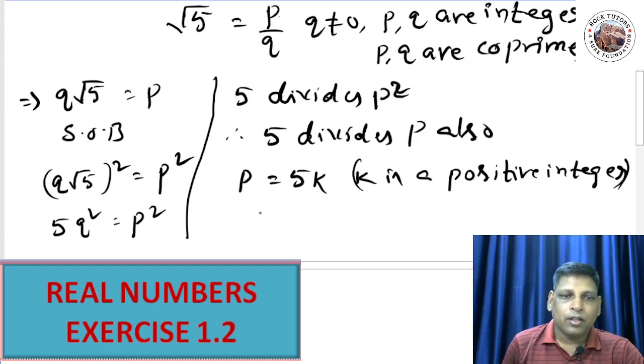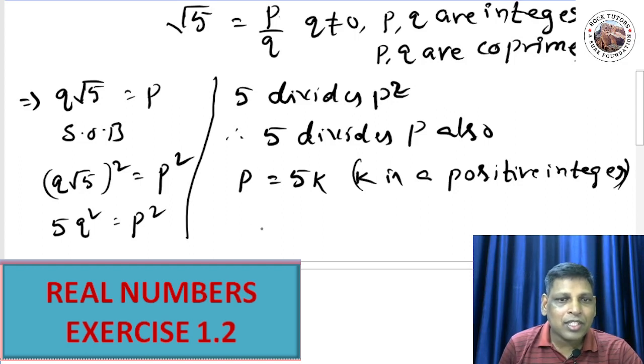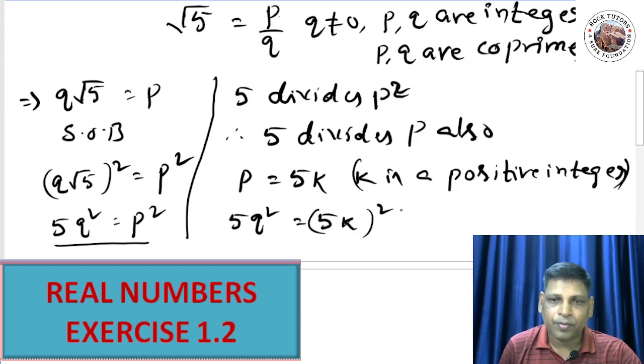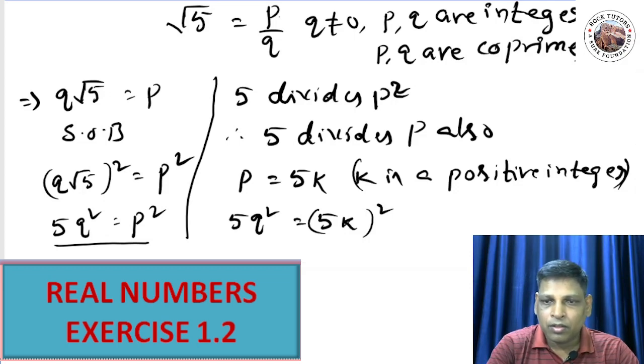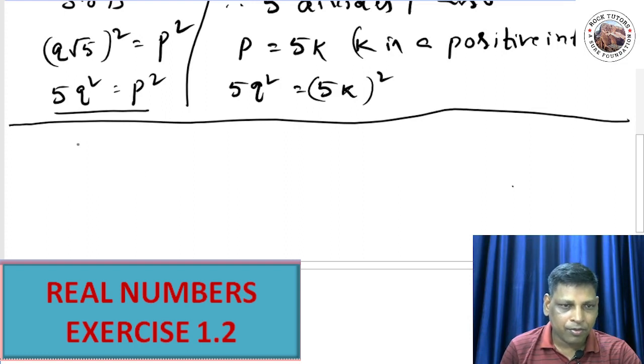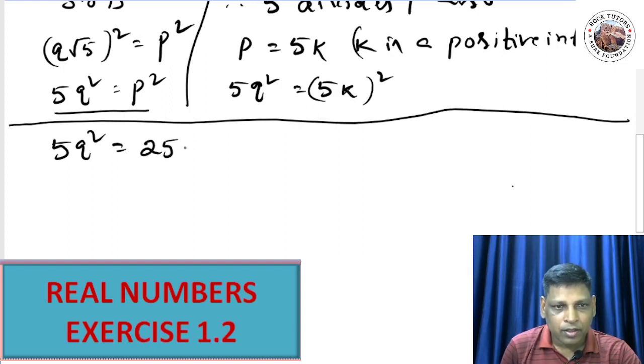Okay. Now, if p is equal to 5k, substitute in the equation. We got the equation 5q square equal to p square, then it becomes 5q square is equal to 5k whole square. 5 q square is equal to 25 k square.